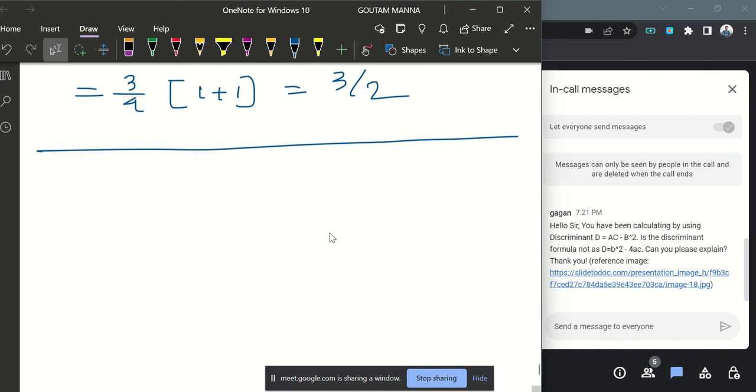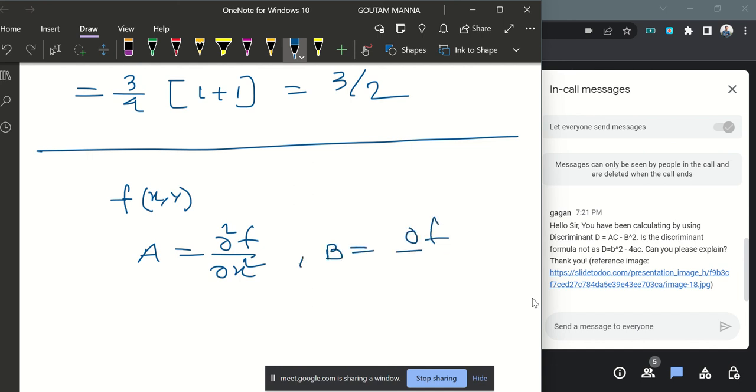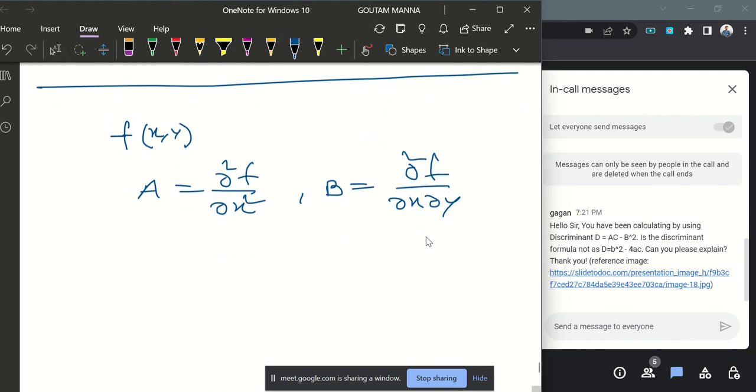Here A is defined like, if you have a function of, let's say, 2 variables, f of x y, then A is defined as del 2f del x2, B is defined as del 2f del x del y, and C is defined as del 2f del y2.